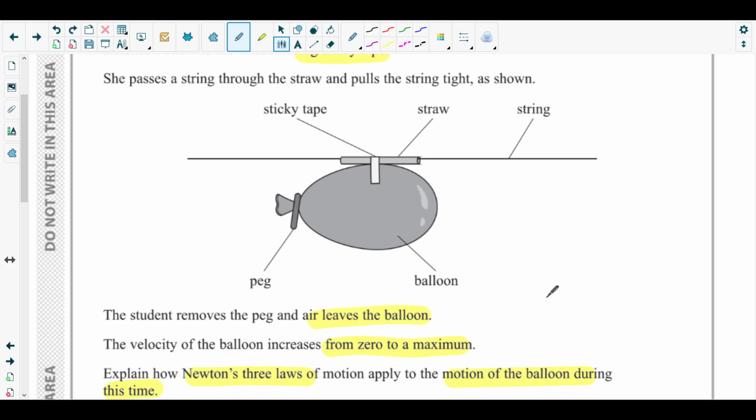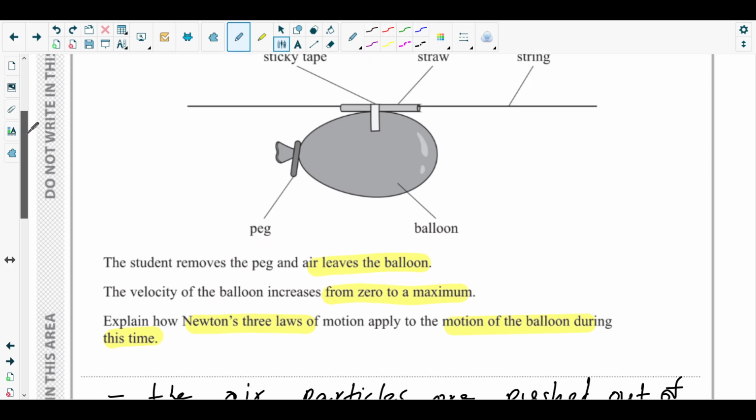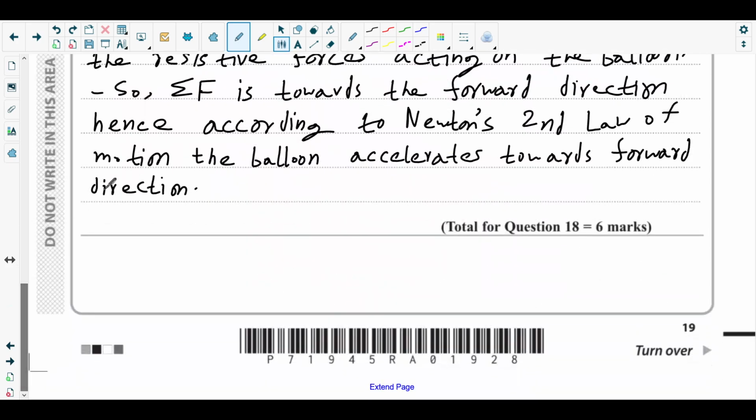That's according to Newton's first law of motion. A stationary object will remain stationary, and an object in motion will continue its motion at constant speed unless a resultant force is applied. That's what Newton's first law of motion says, right? So what we will say here is how it has reached maximum speed.